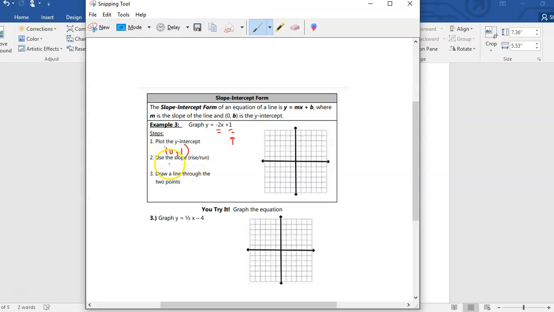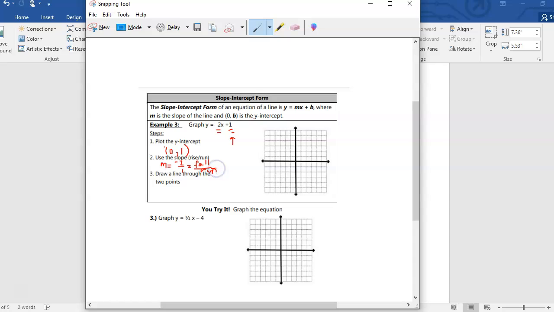So if I think about it, the slope, or the m, is -2. And when it's just an integer, I want it as rise over run, right? So I want to say that this is -2 over 1. So I know that my rise, or in this case, because it's negative, it's going to be a fall, right? So it'll rise when it's positive, it'll fall when it's negative. This will be my fall over my run, okay?